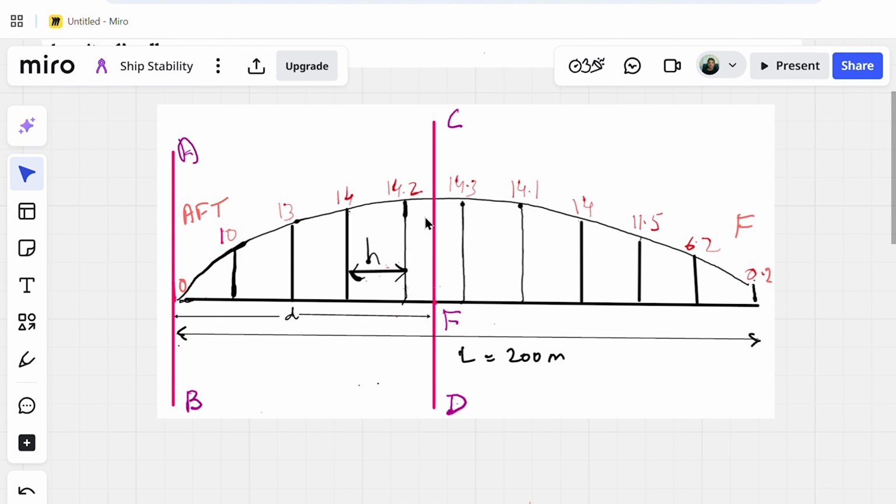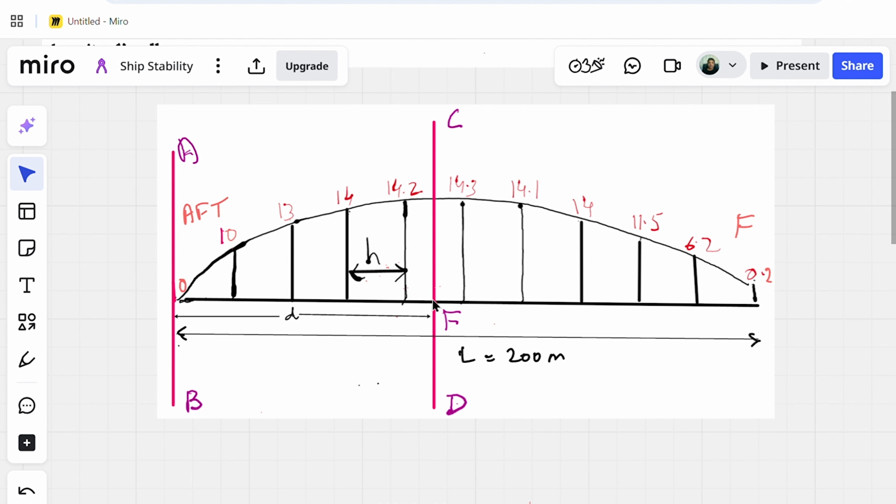Now you see there are two axes I have drawn. F is the center of flotation, or geometric center or centroid of the water plane. And CD is a transverse axis which is passing through the center of flotation.